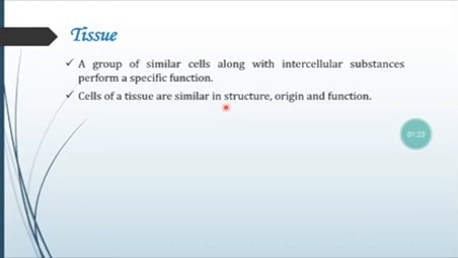It is easy to say that a group of cells is called tissue, but we must check whether the group of cells performs a specific function, whether the cells are similar, and whether some intercellular substance is present. We can categorize all this in the definition. So a group of similar cells along with intercellular substance that performs a specific function is called tissue.